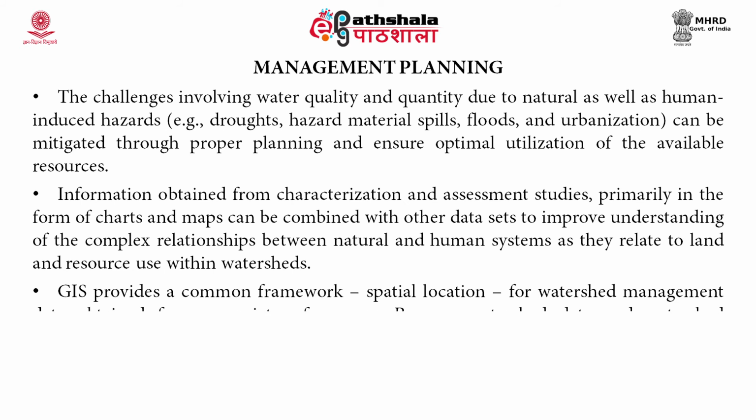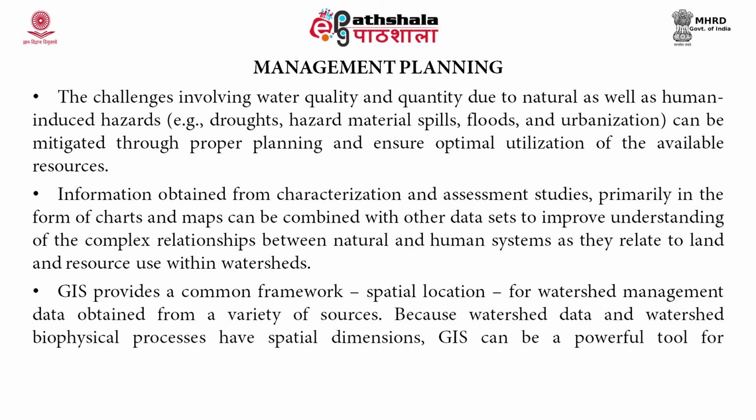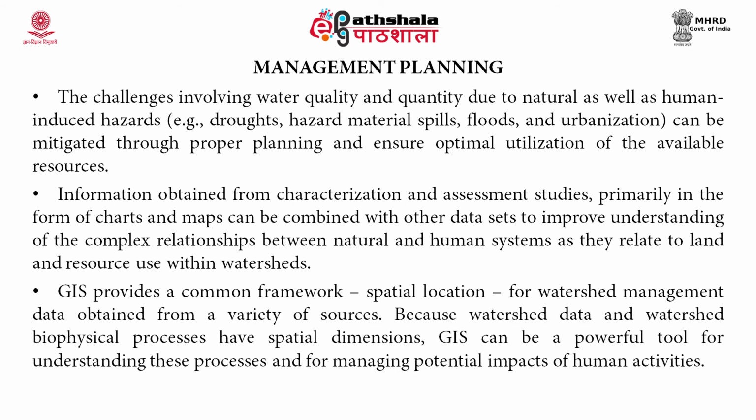GIS provides a common framework, spatial location, for watershed management data obtained from a variety of sources, because watershed data and watershed biophysical processes have spatial dimensions. GIS can be a powerful tool for understanding these processes and for managing potential impact of human activities.